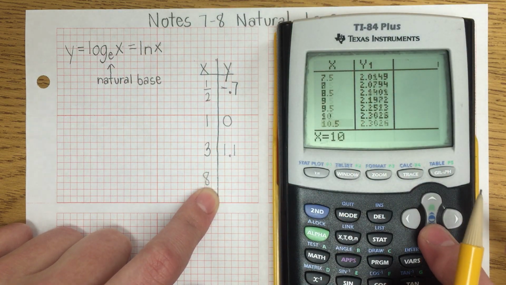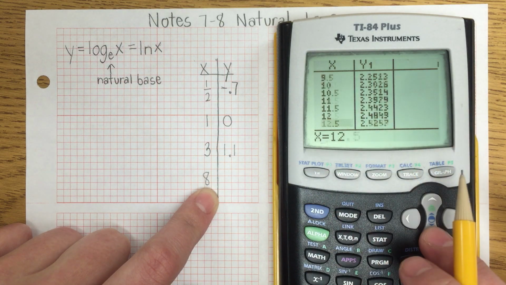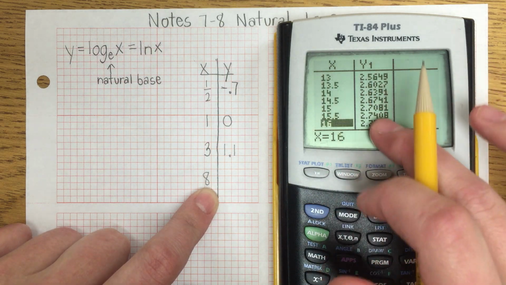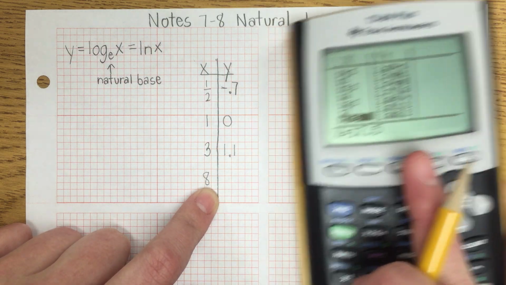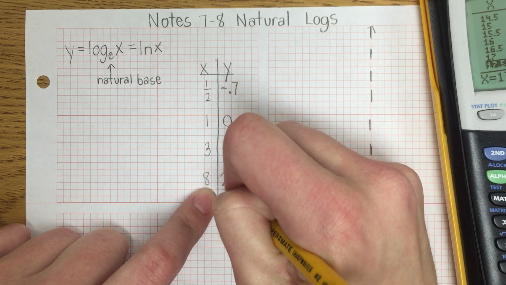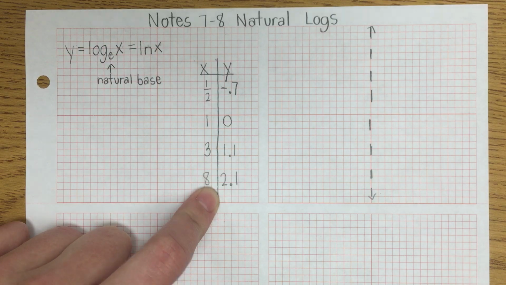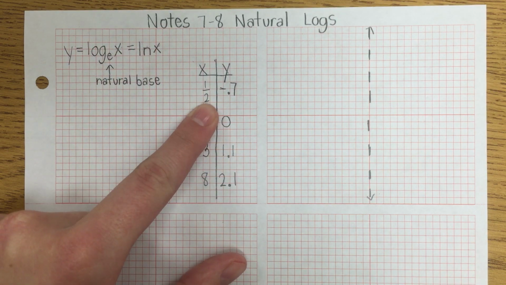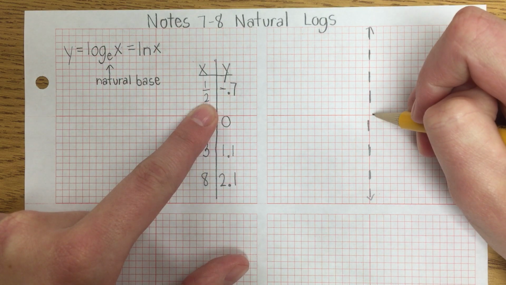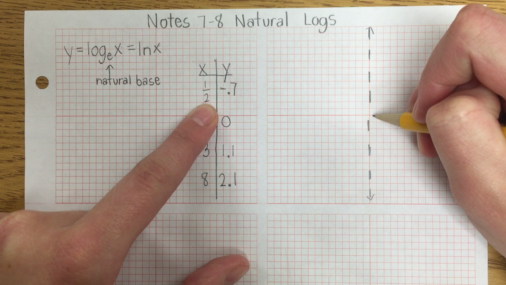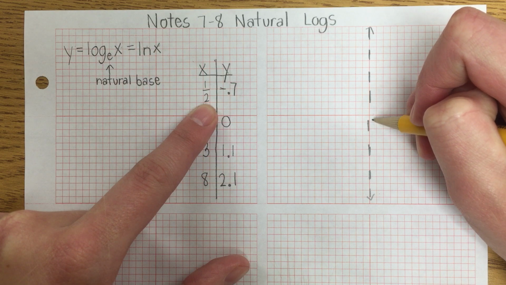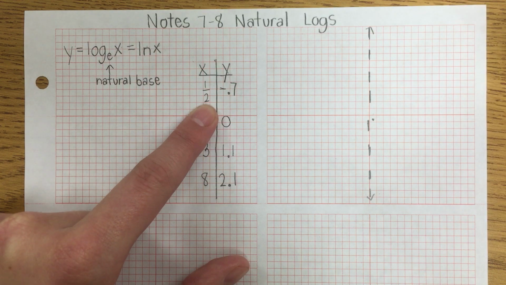So unfortunately, with a base e, you can see as I scroll down, there's really no whole numbers here on the right. So we're going to do our best. I think that was 2.1. Yes. Okay, so plotting these points, x is a half, and I have negative 0.7 for my y value, so that's about there.